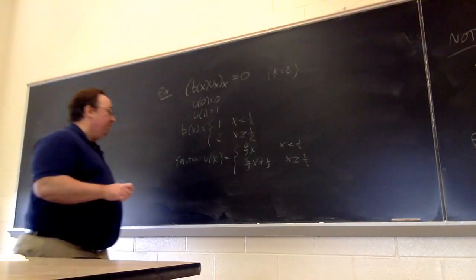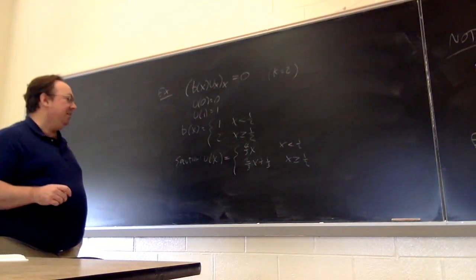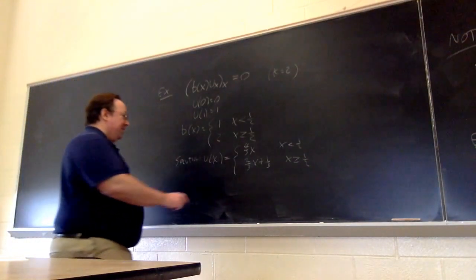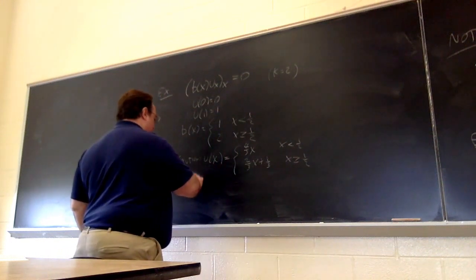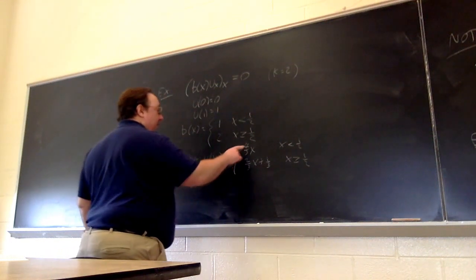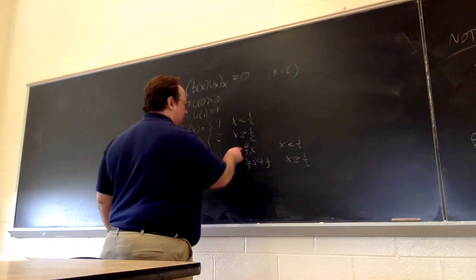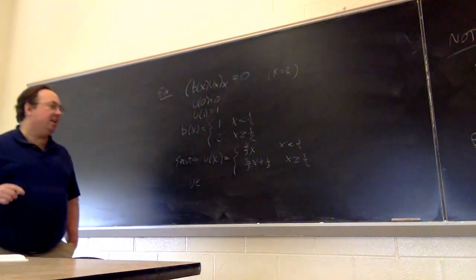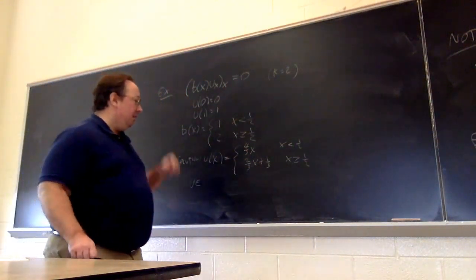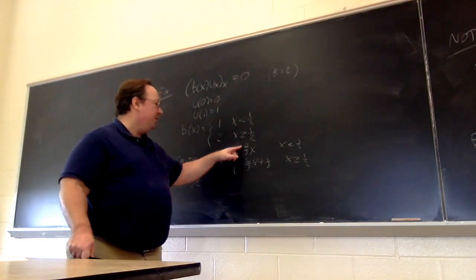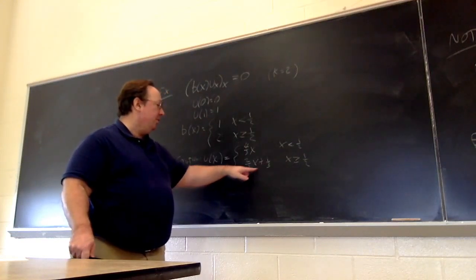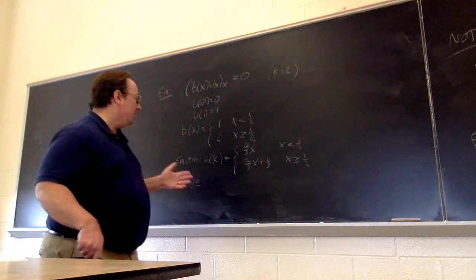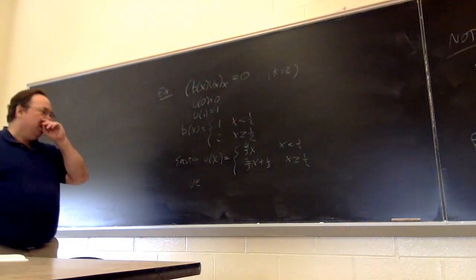Now, because each of these by themselves are continuous, if you plug in x equal to 1/2 for both, you get 2/3 here, and you get 1/3 plus 1/3 is also 2/3. So it is continuous. It's at least C0.